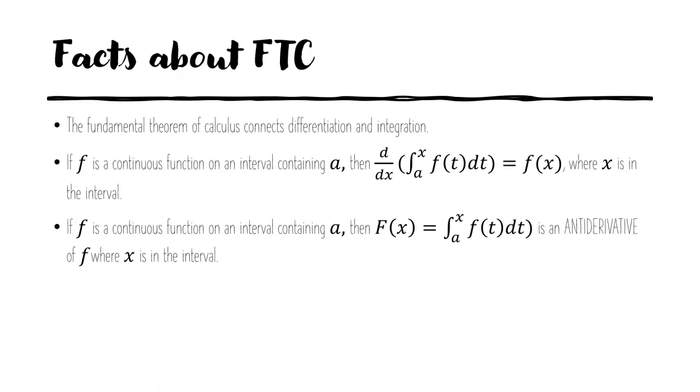If f is a continuous function on an interval, capital F of x will equal the integral of a to x of f of t dt. It is called the antiderivative. It is what comes before a derivative.